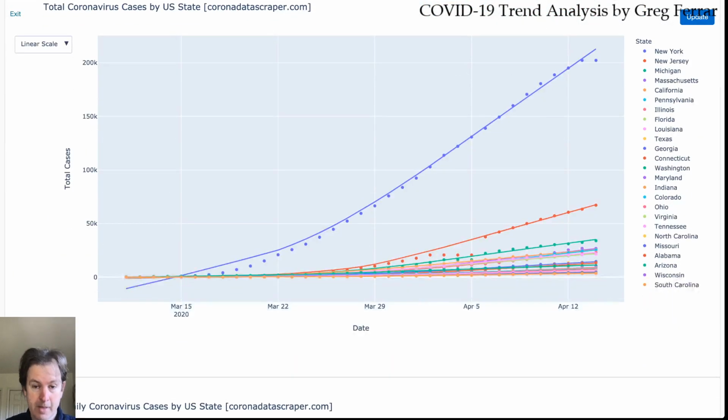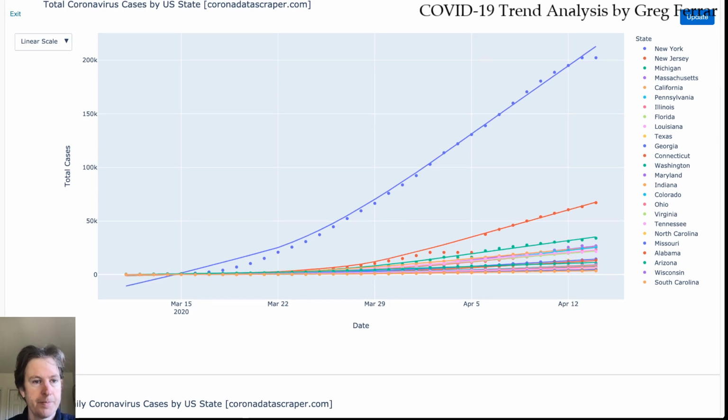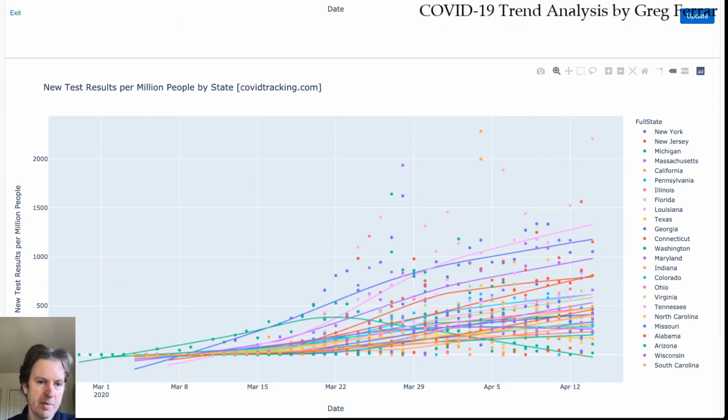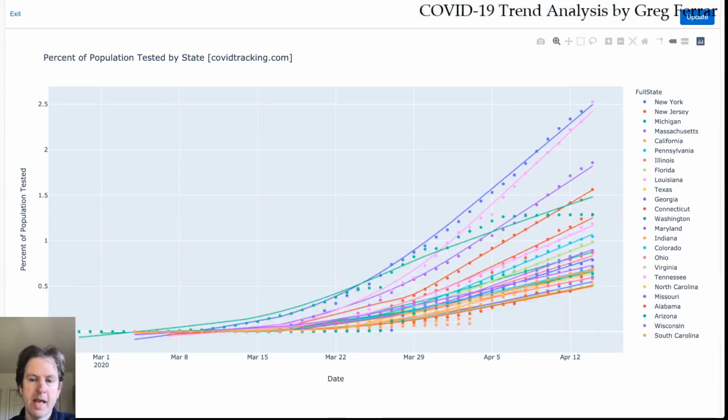But these numbers certainly don't show that, though they do show what percent of the population, for instance, has been tested, if we look by state here. Or what percent of the population we know has the virus. So if we look, for instance, at New York, or Louisiana, which is now the new winner in testing, more than 2.5% of the population tested.